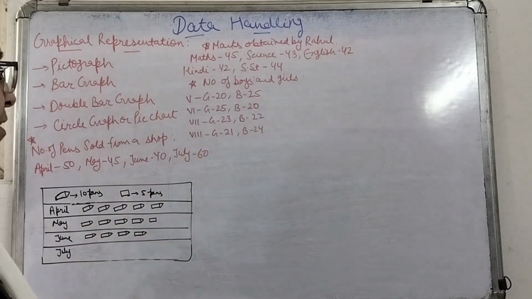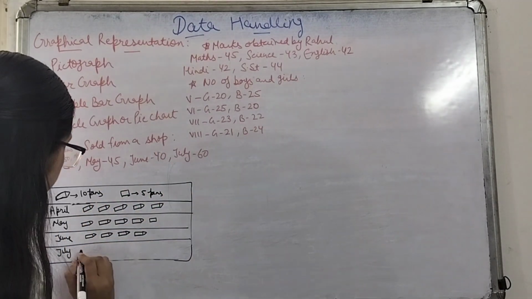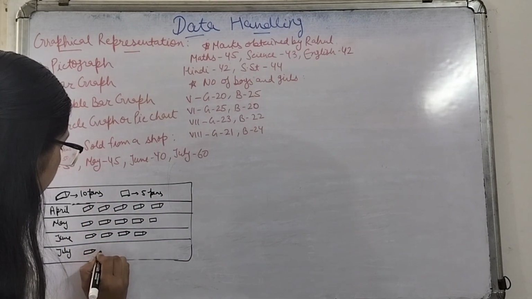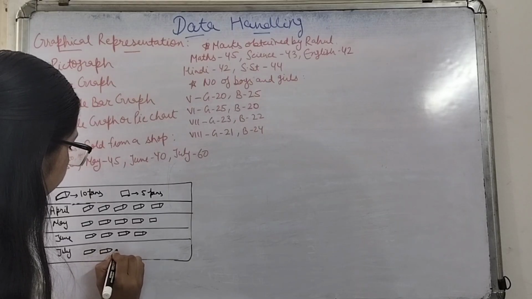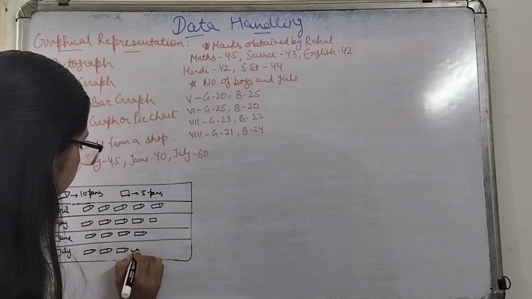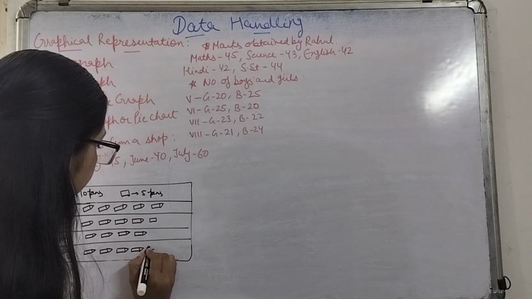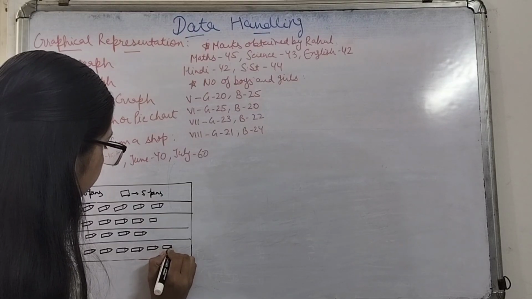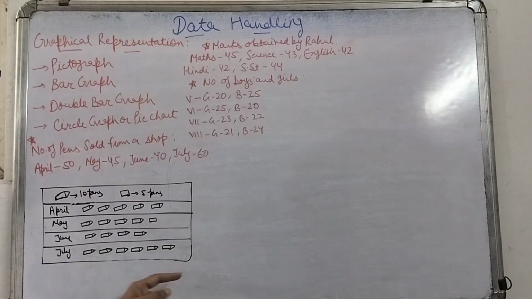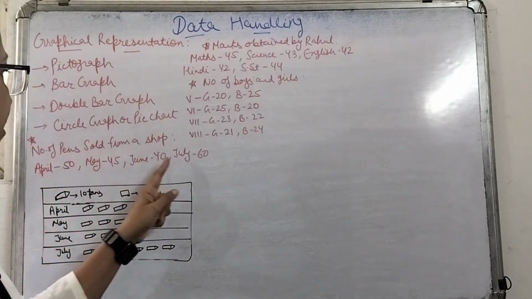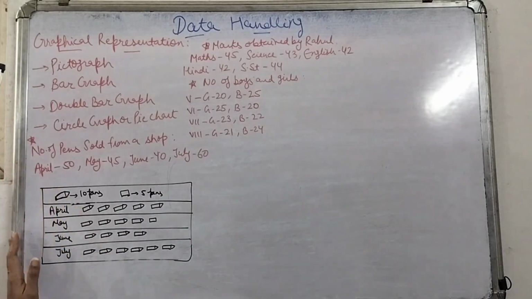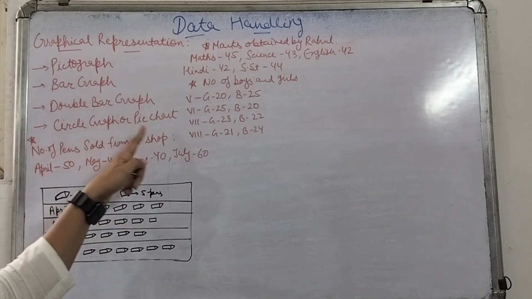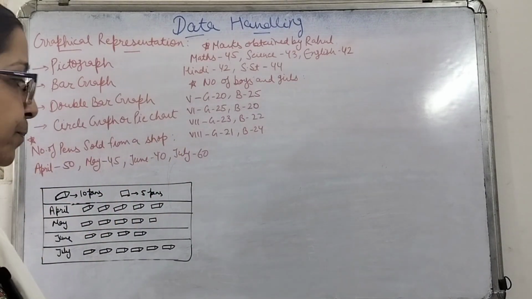In the month of July, 60 pens were sold, so for showing 60 pens: 10, 20, 30, 40, 50, and 60. This shows that 60 pens were sold in July. This is how, using a pictograph, we can show the given information.